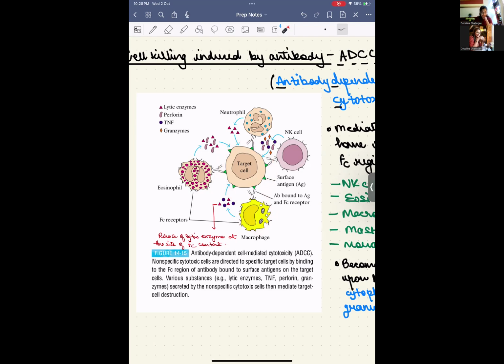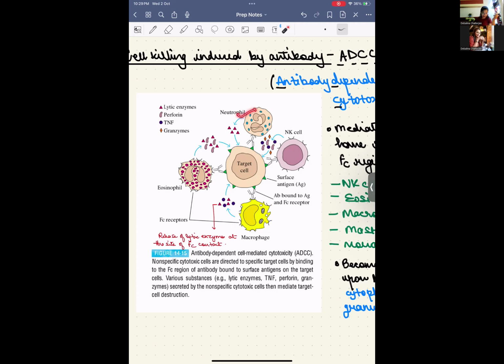If the binding is by NK cells, the Fc receptor of the NK cell binds the Fc region of the antibody. At the site of contact, the NK cell releases cytotoxic molecules such as lytic enzymes, perforins, TNF, and granzymes. Eventually we will have pore formation that is going to kill the cells.